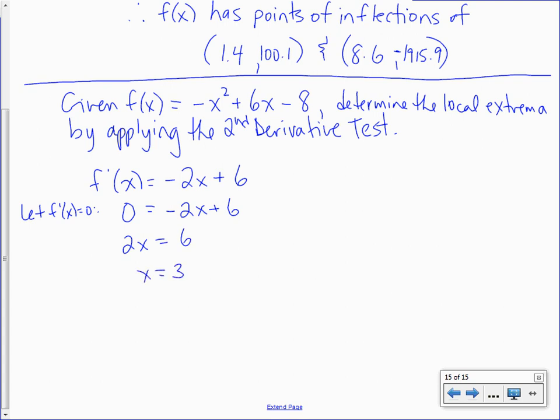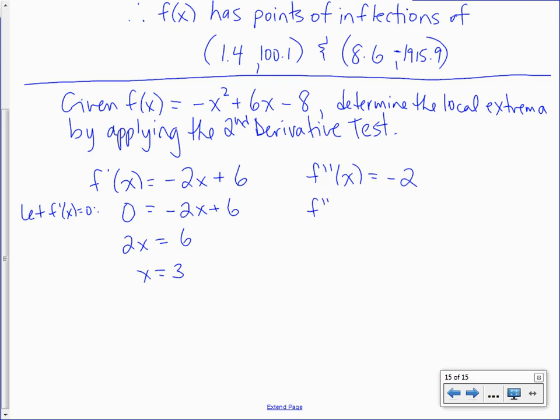So instead of going to a sign chart, the second derivative test tells me I should find the second derivative. What is the second derivative here? Negative 2. That happens when you start with a quadratic. If you started with a cubic, this would be linear.